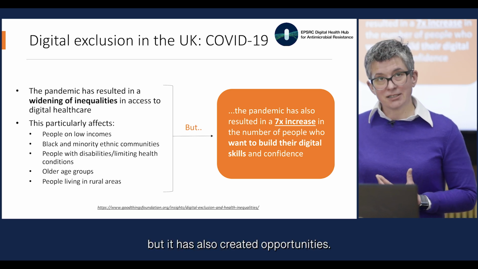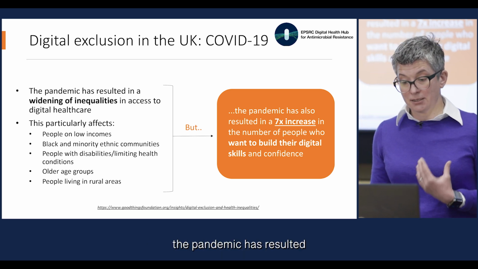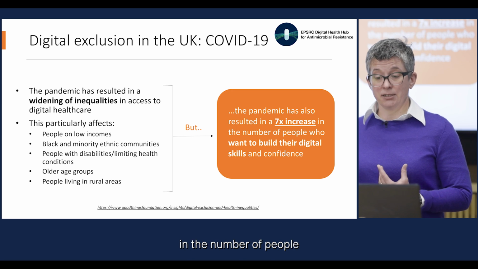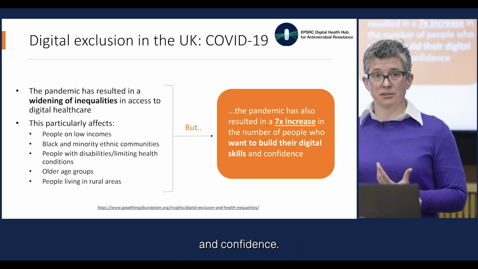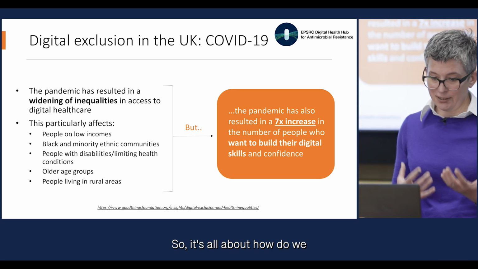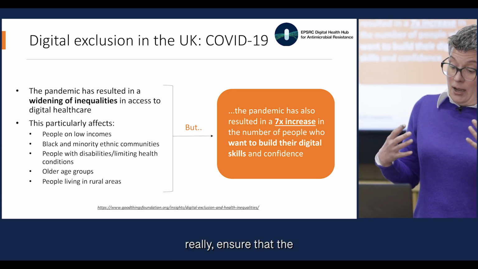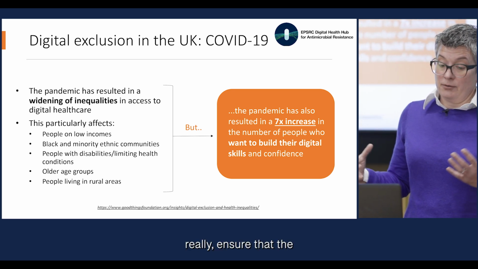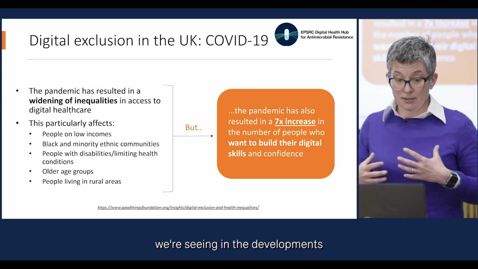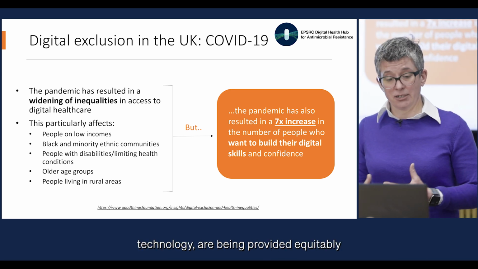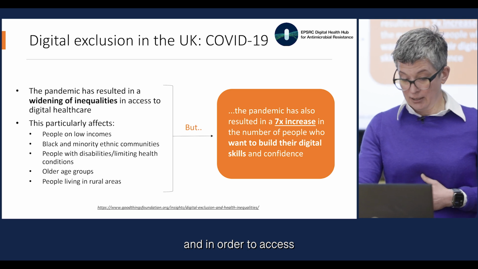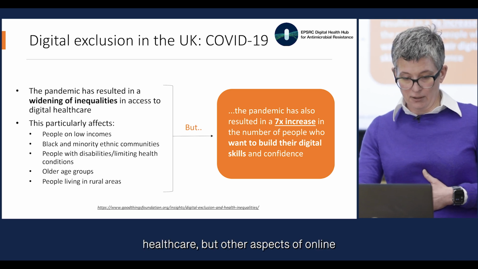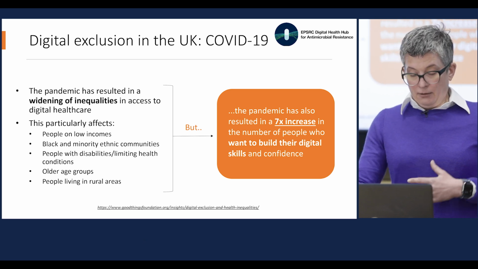But it's also created opportunities, and we've seen the pandemic result in a 7 times increase in the number of people who want to build their digital skills and confidence. So it's all about how we ensure that the changes and developments we're seeing in digital technology are provided equitably in order to access healthcare, but other aspects of online life as well.